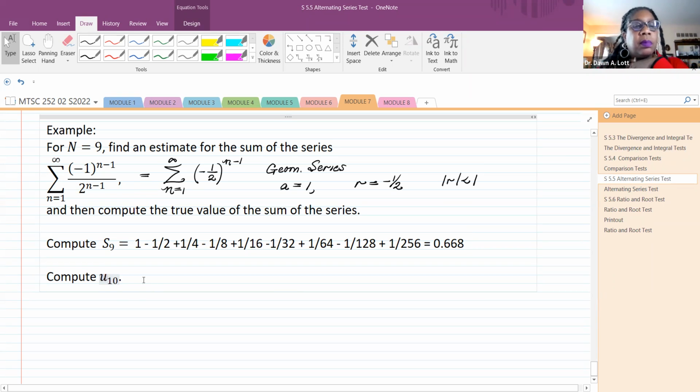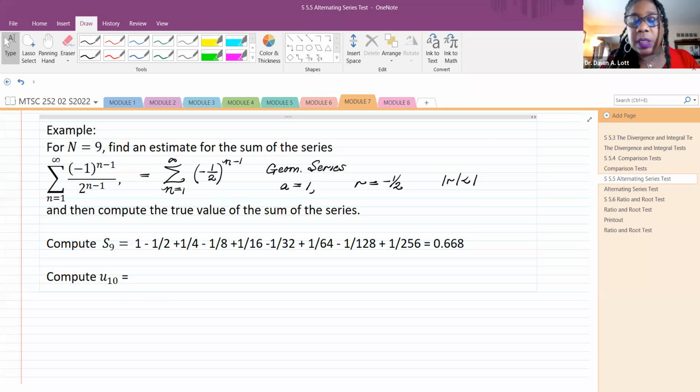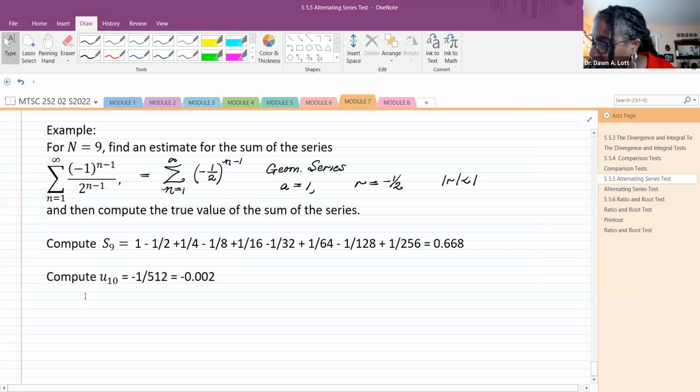And u10 is simply going to be negative 1 over 512, and that is negative 0.002.